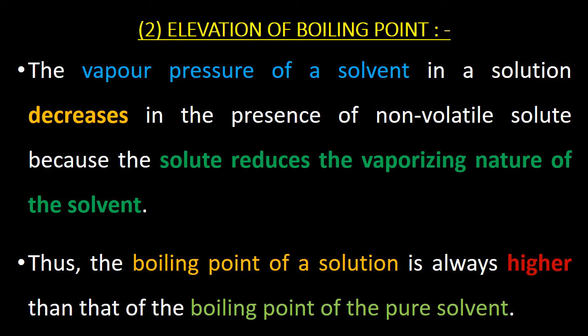The vapor pressure of a solvent in a solution decreases in the presence of a non-volatile solute because the solute reduces the vaporizing nature of the solvent. Hence, the boiling point of a solution is always higher than the boiling point of the pure solvent.